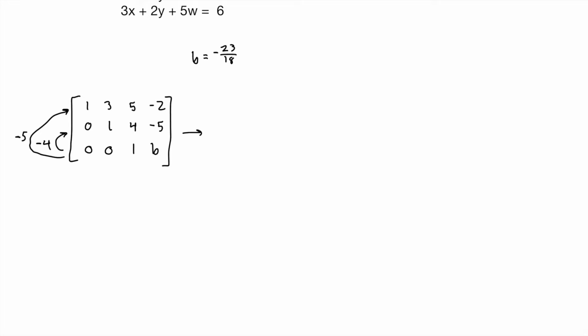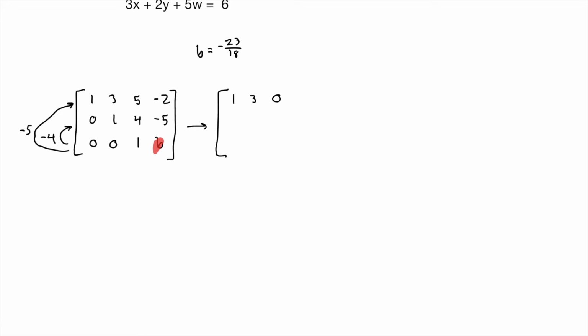So now our matrix is going to be 1 times negative 5 plus 5 is going to be 0. So we get 1, 3, 0. And then we have b times negative 5 will be negative 5b plus negative 2. So we'll have negative 5b minus 2.